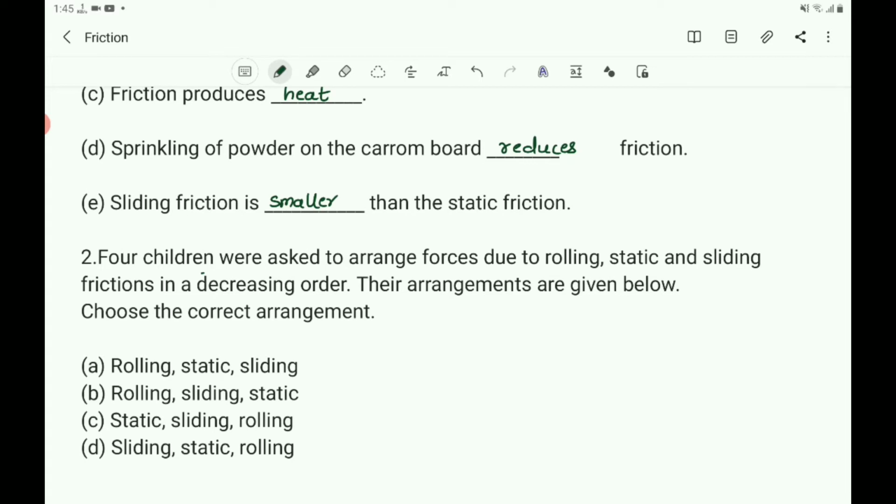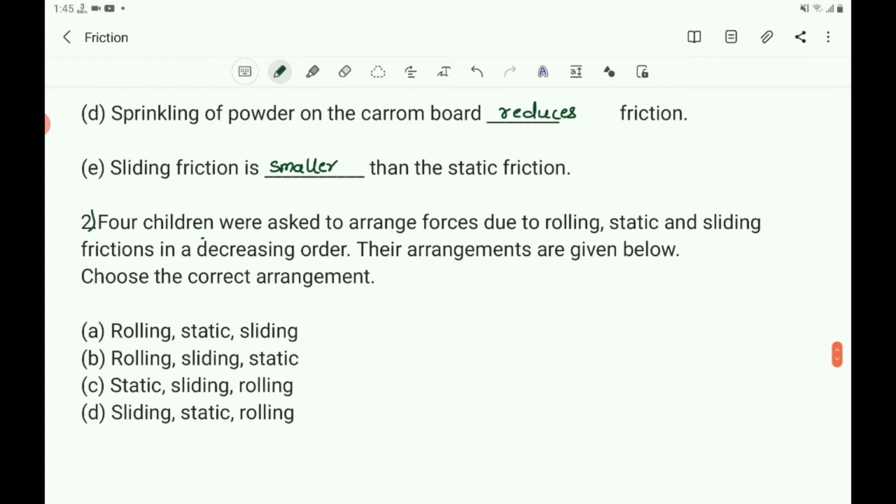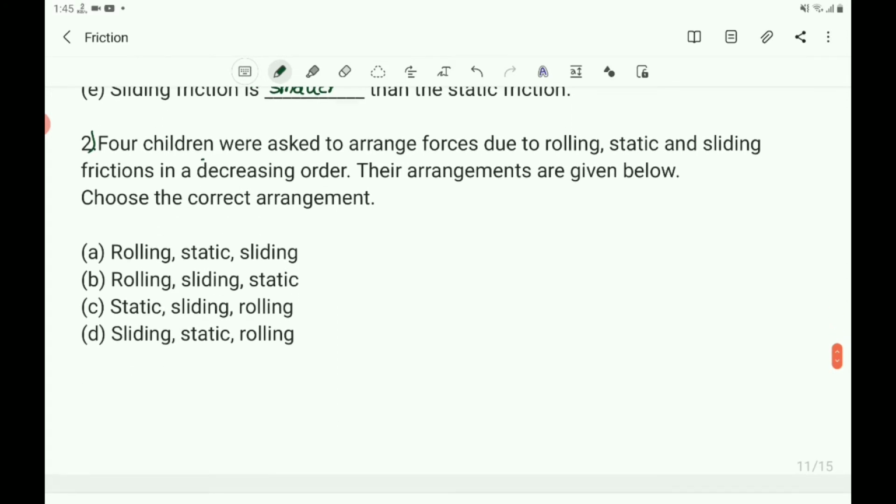Now the second main question is: Four children were asked to arrange forces due to rolling, static and sliding friction in a decreasing order. Their arrangements are given below. Choose the correct arrangement. A: rolling, static, sliding.